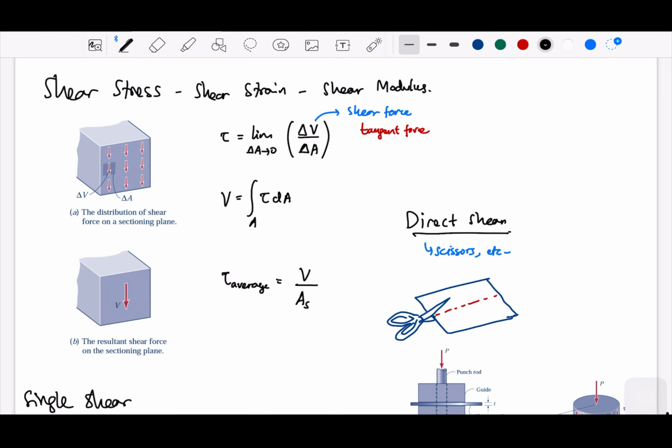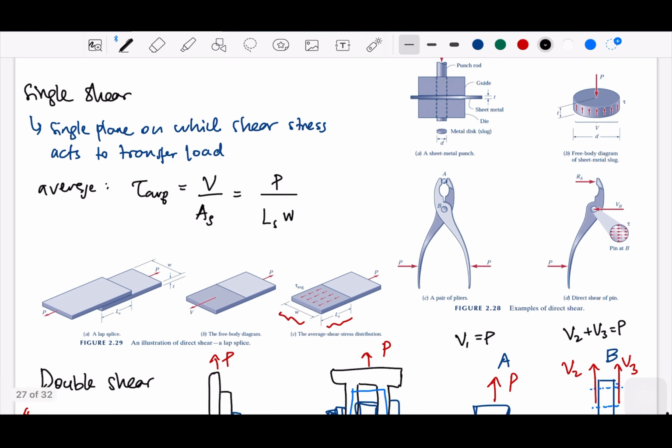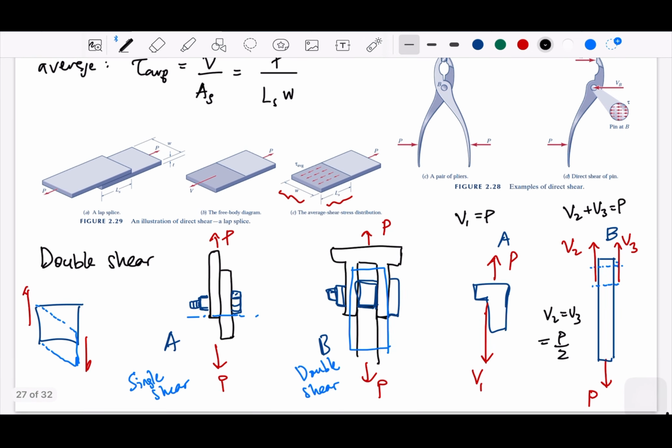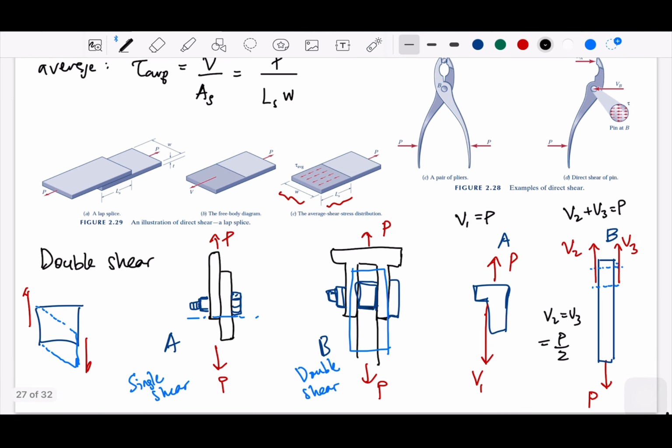Easy to remember, right? So scissors involve shear stress. And there are typically 2 types of shear, I think, in most of our course. The first one is the single shear, and the second one is double shear.